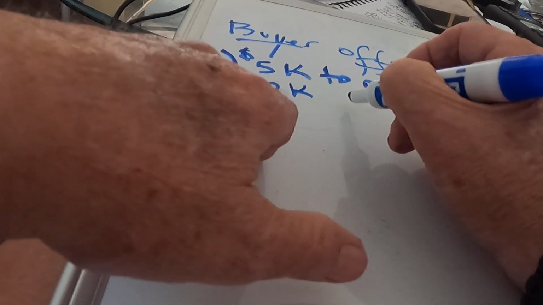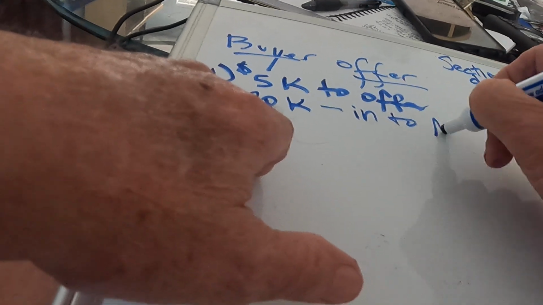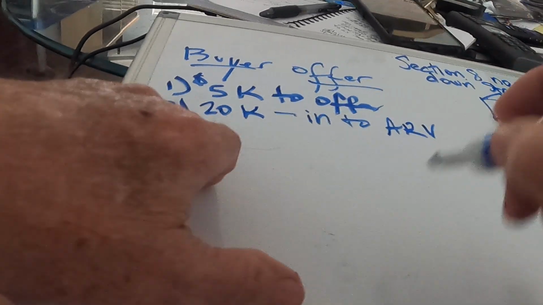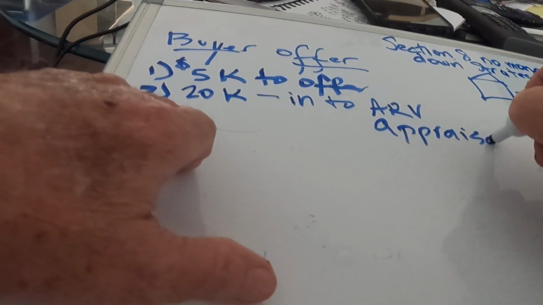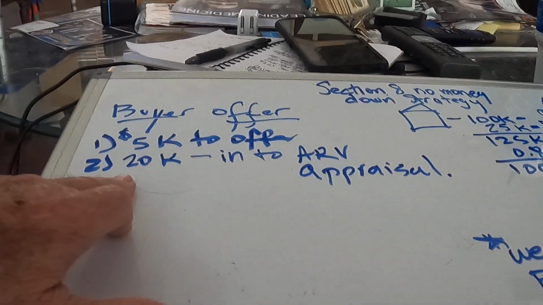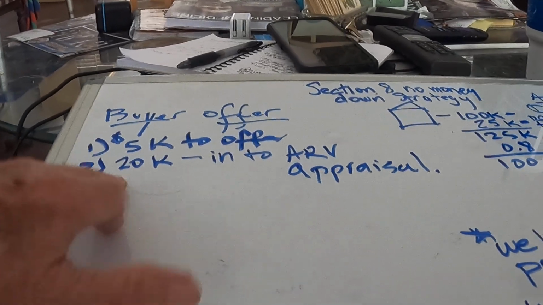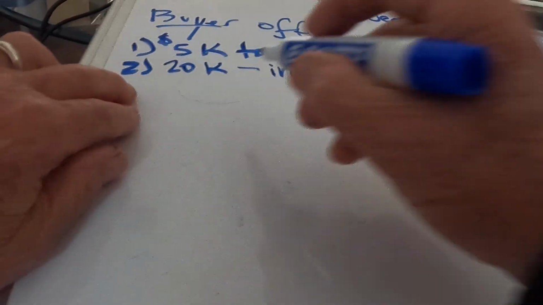And how would we do this? Increase the ARV, the appraised value actually. And so this starts to look more commercial. We're asking these people here to help us with almost like a low commercial loan.